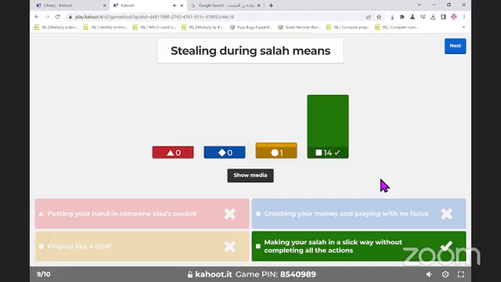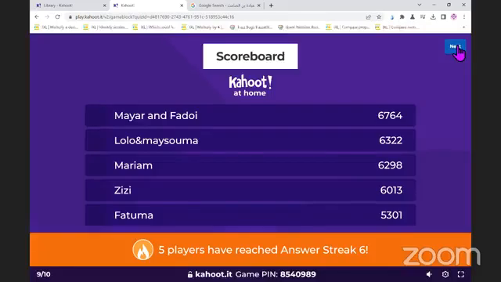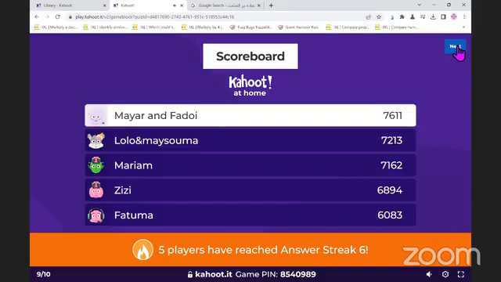Somebody pick the other one. Praying like a thief. You know, I would also guess praying like a thief. I think both can actually be, complete the actions. Yeah, I think that's fair. Sorry about that.